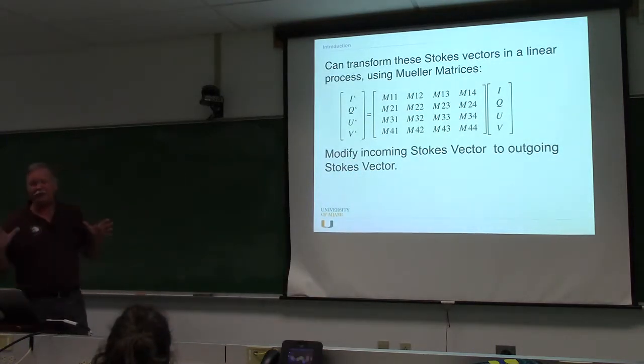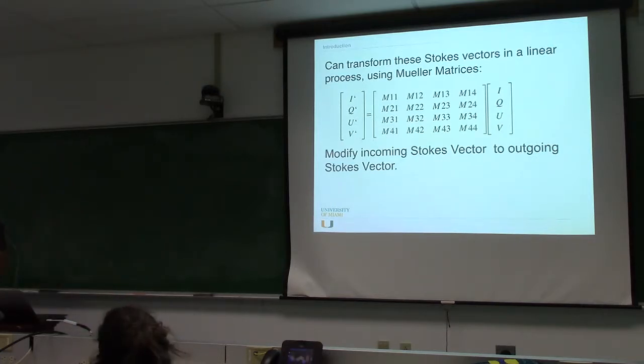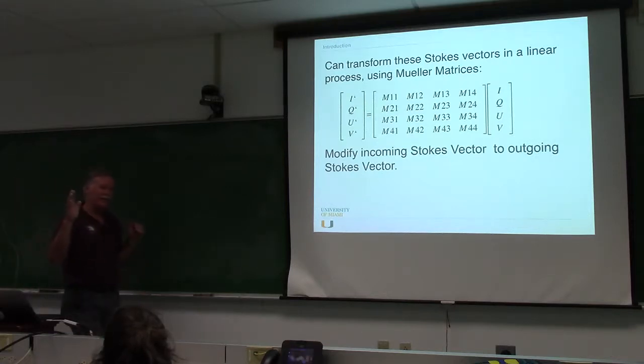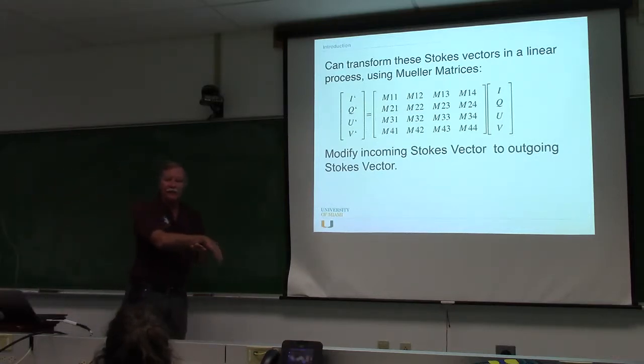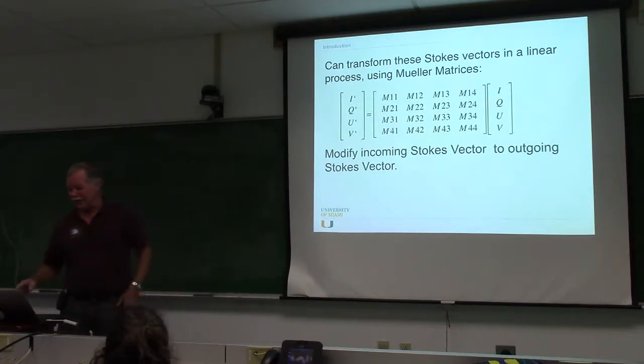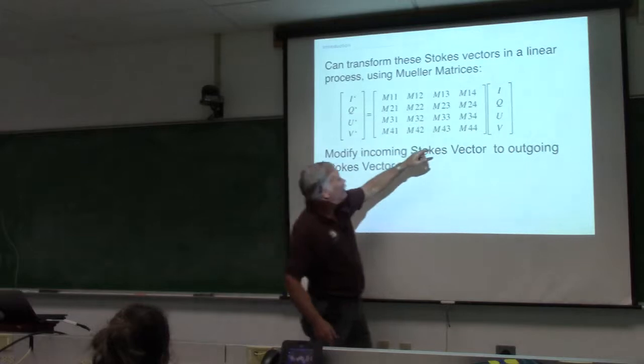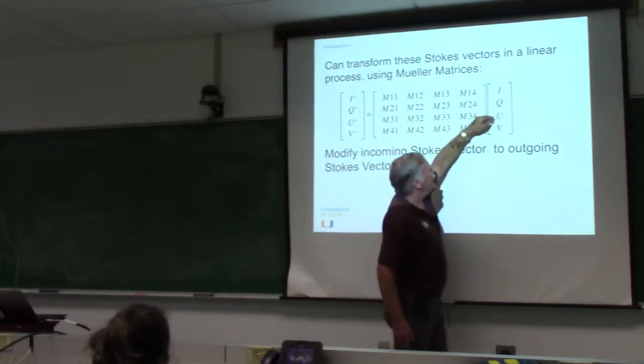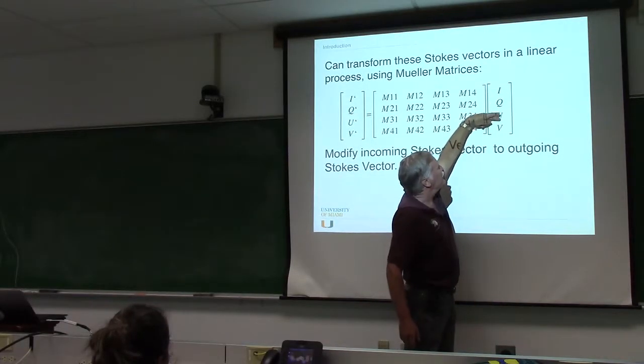So if I know this Mueller matrix, for some scattering system, I can completely describe how any incoming polarization state is going to leave. It's like everything you want to know about a scattering. And if you have unpolarized light coming in, remember, it's I, 0, 0, 0.